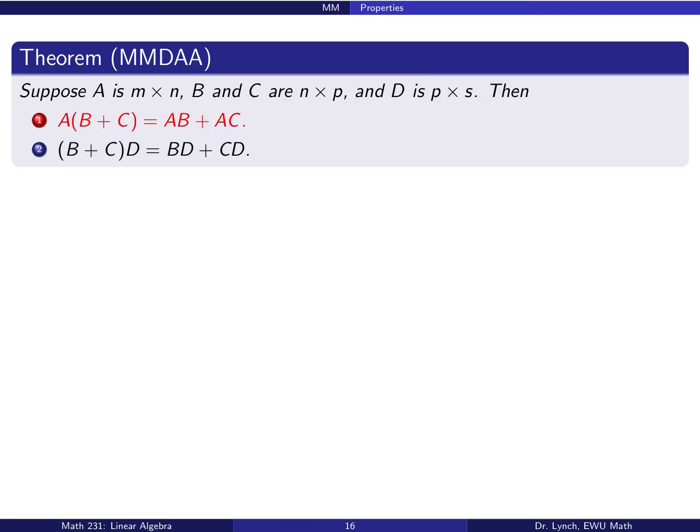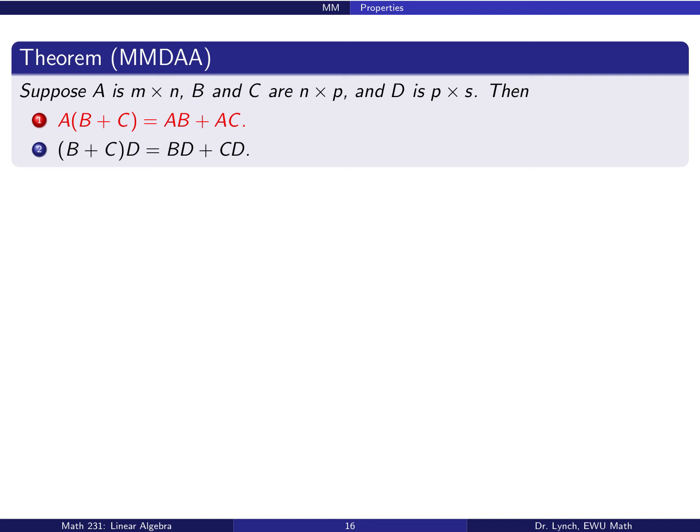Okay, so here's another property. Let's go ahead and look at the distributive property of matrix multiplication. So again, we know that multiplication on the left or right matters. However, we would expect matrix multiplication to distribute over a sum, and it does.